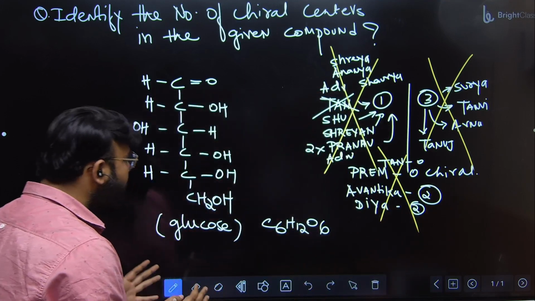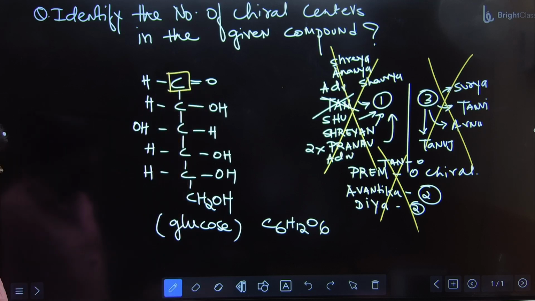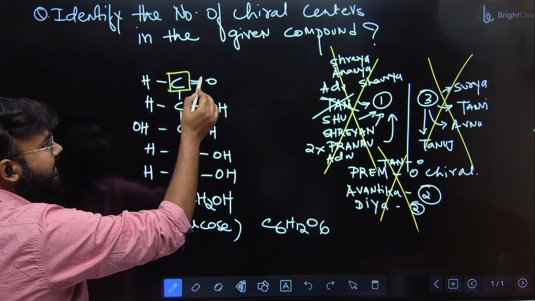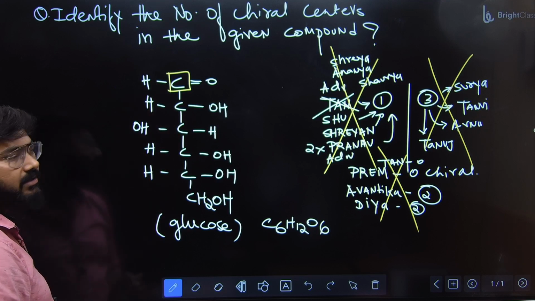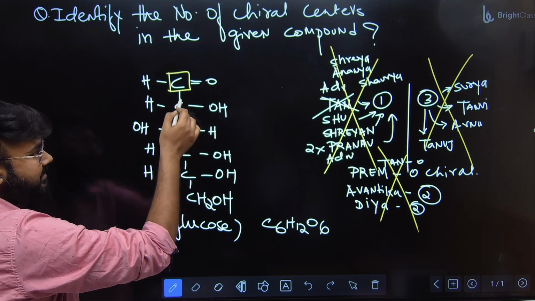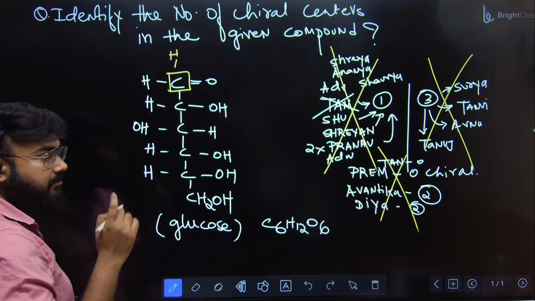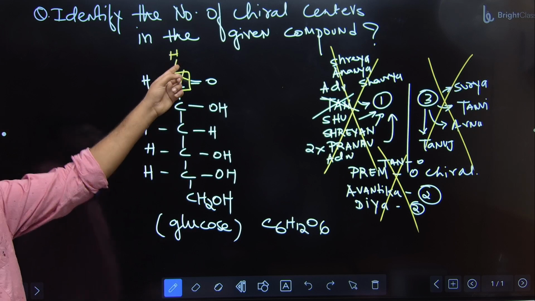So if I look at the first carbon, one side it has a ketone, the other side it has a hydrogen. Third side it has these carbons, right? Fourth side there is also a hydrogen, right? It means this carbon cannot be chiral because two hydrogens are there.